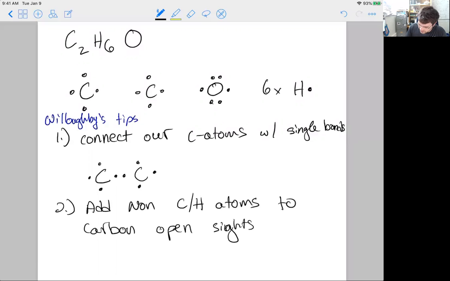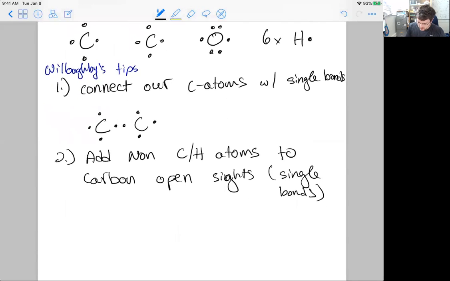And again, I want to start with single bonds. So what I'm saying is we've got our carbon atoms that are now connected to each other. And I've got an oxygen atom, and I usually just stick the oxygen atom down at the end, connecting it by a single bond.